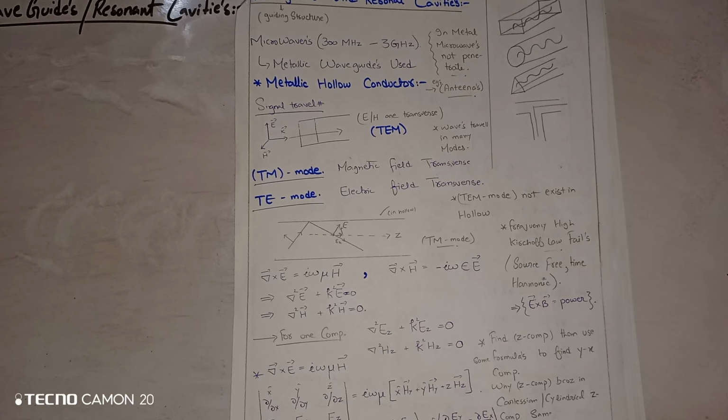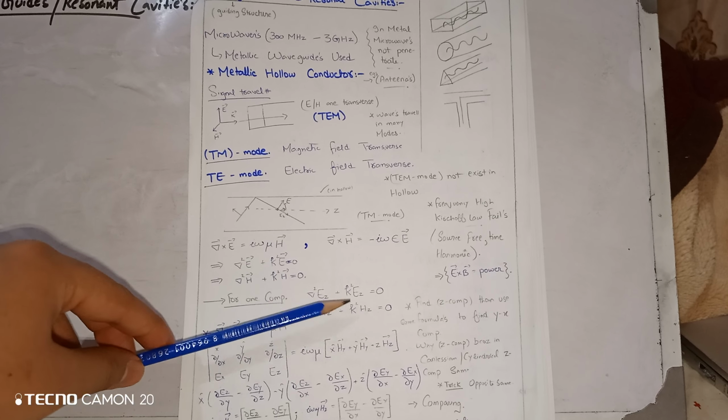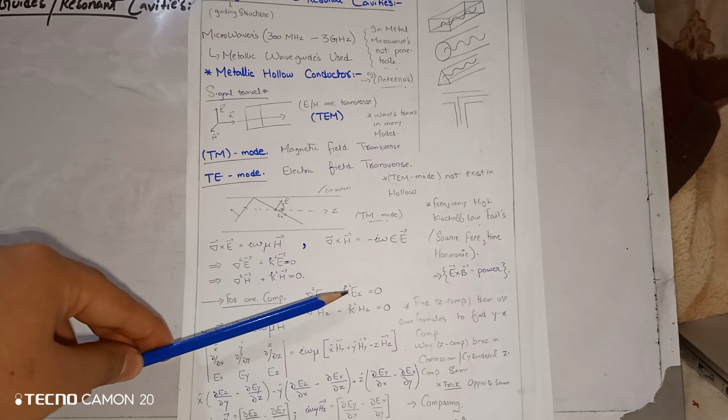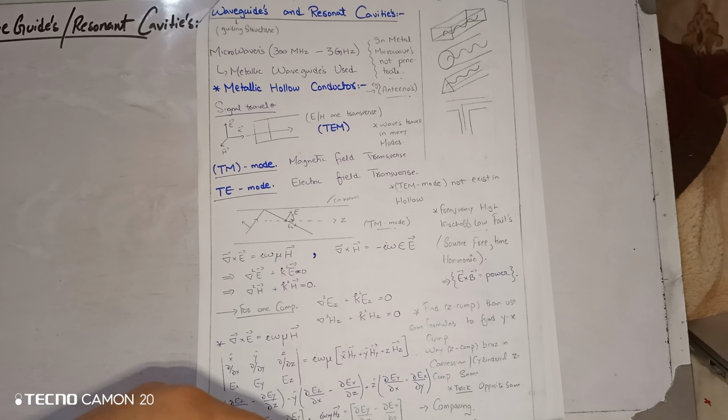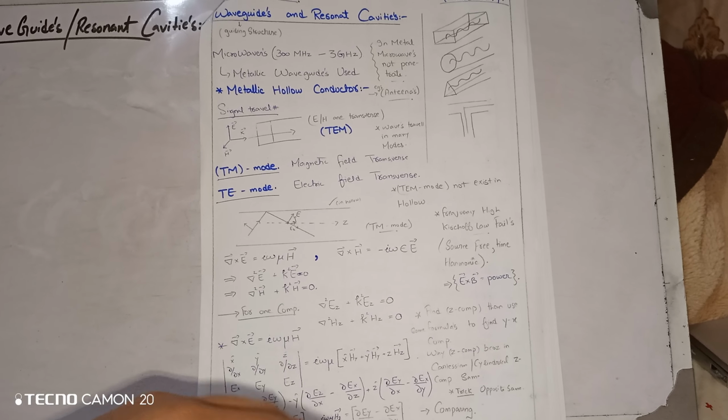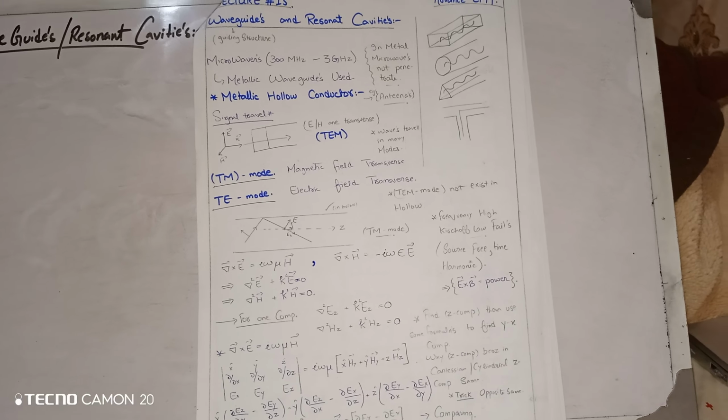That's why we are taking only the z component of the electric field and the z component of the magnetic field. And then after finding the z component, we use some formulas to find the x as well as the y component. Then we can easily find the comparisons.